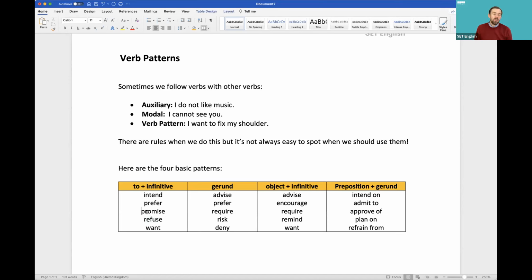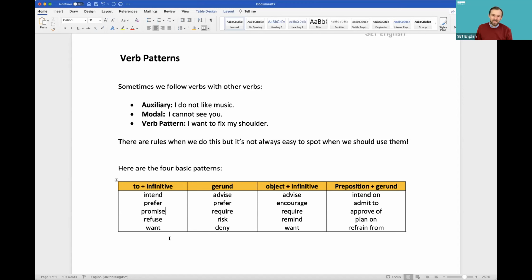Have you ever promised to do something, Mirella? Yes, I promise to do many things. Before you answer, do you keep your promises all the time? Yes. It's an interesting one, isn't it?